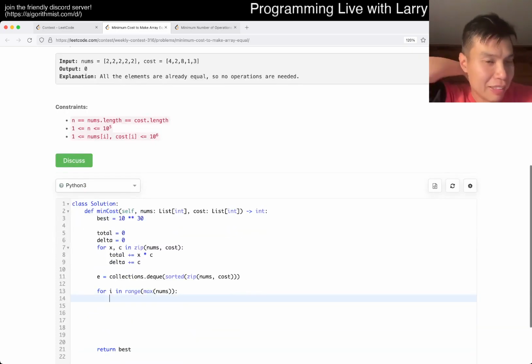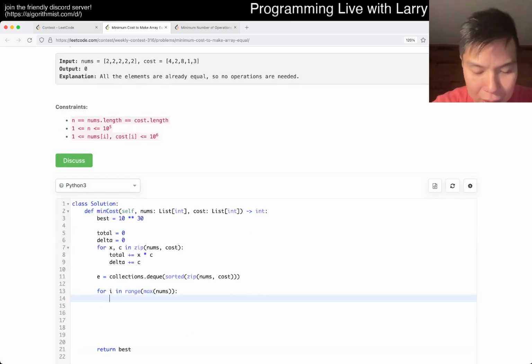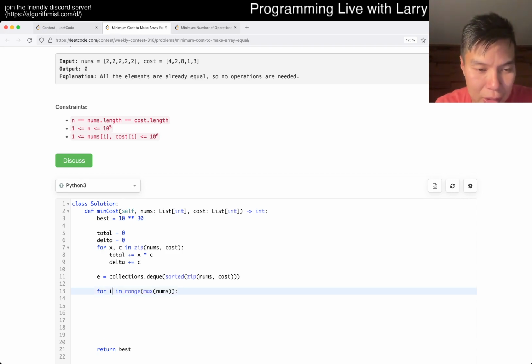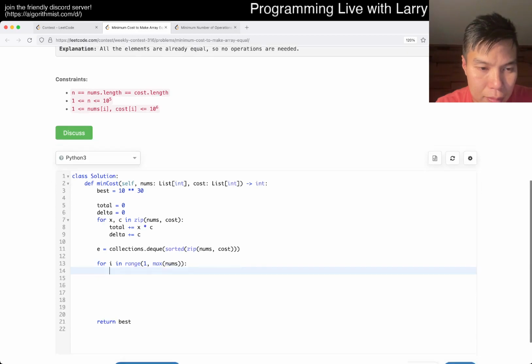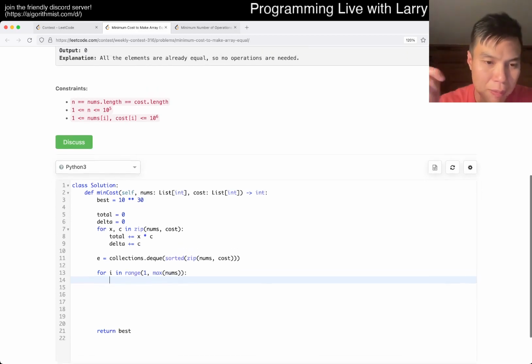I mean, it's fast enough for one test case, but LeetCode is being silly to me, and I'm second-guessing myself. So I just try it. Try to YOLO it, and we start at... Okay, so now we increment by 1, right?